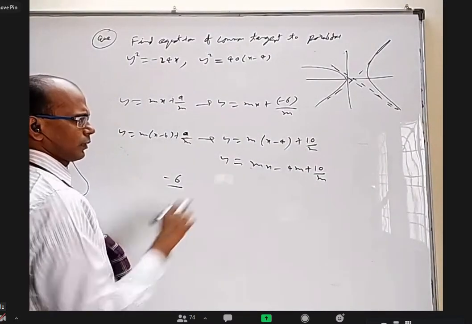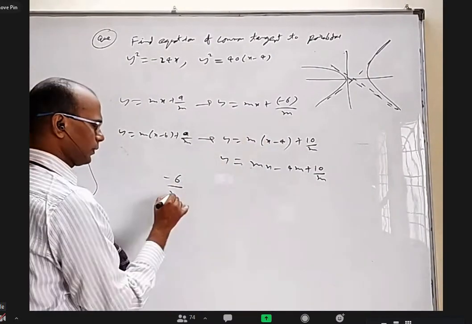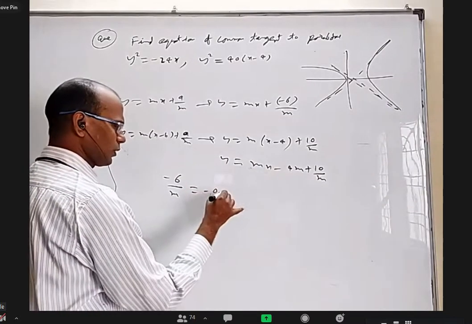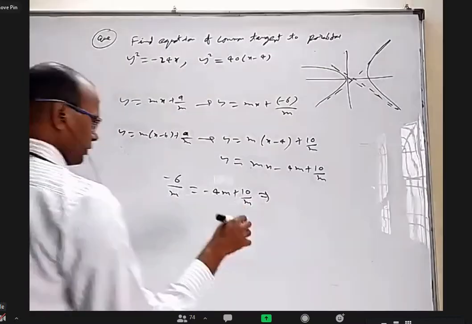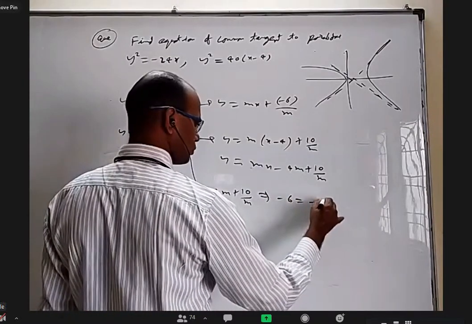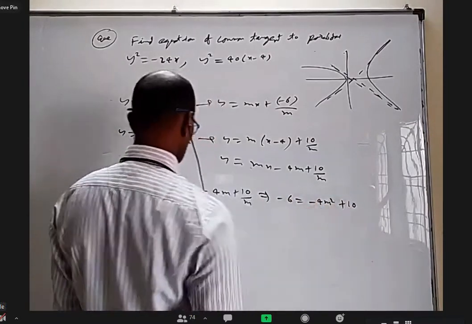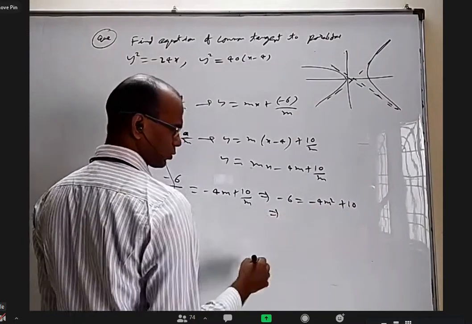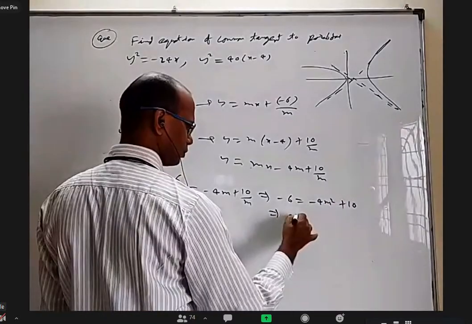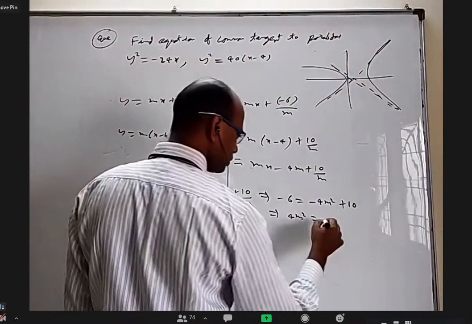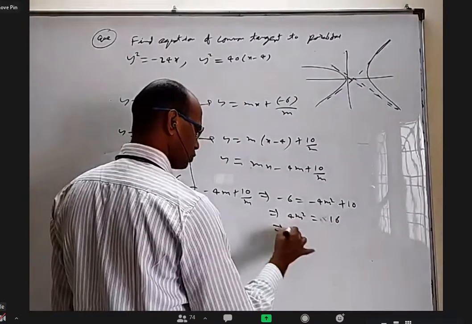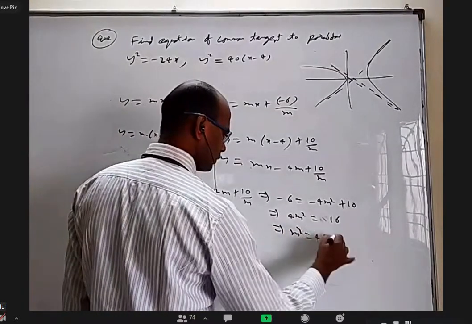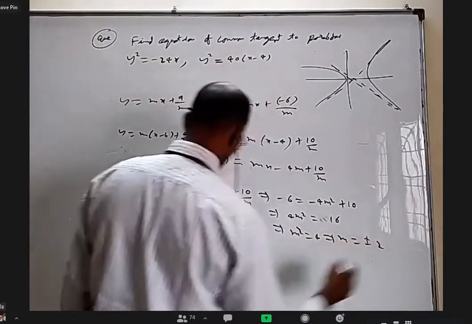The constant here, minus 6 by m, would be the same as minus 4m plus 10 by m. When I multiply by m, minus 6 equal to minus 4m square plus 10. When I divide by 2, it's a simple 4, there is no m. 4m square equal to 16. m square equal to 4, m equal to plus or minus 2.